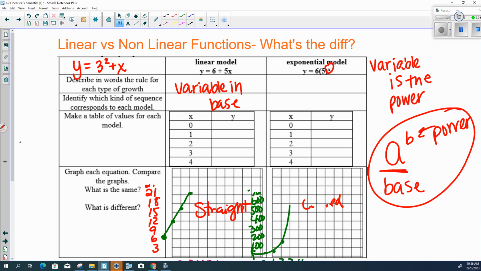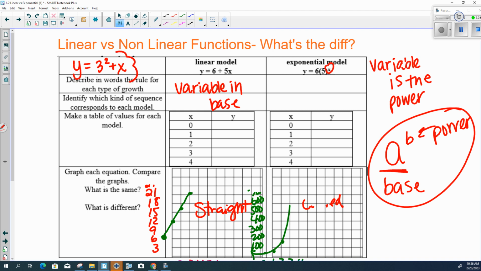So to show exponential growth, the variable, the x, the t, those are the most common ones, it's in the place of the power. It's the tiny number up high. And to be a linear model, the variable, your x, your y, your v, m, n, o, p, whatever they choose, is in the base.